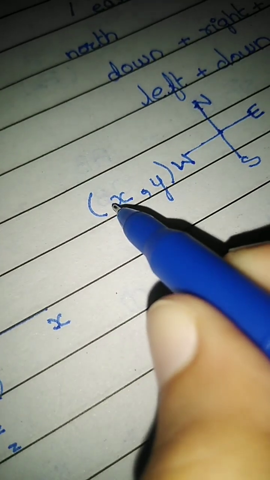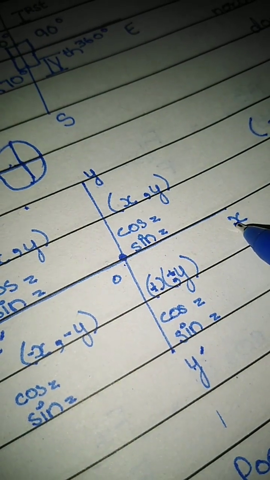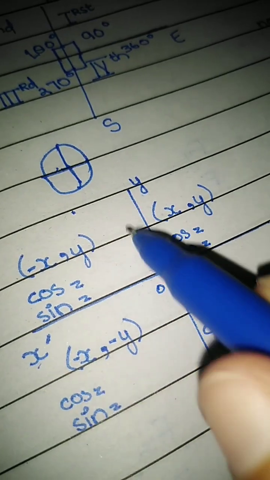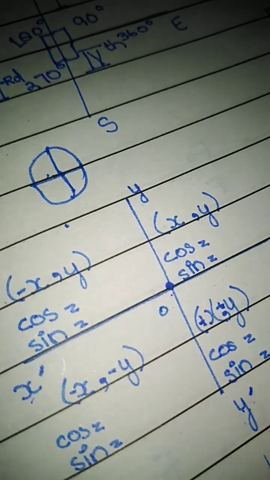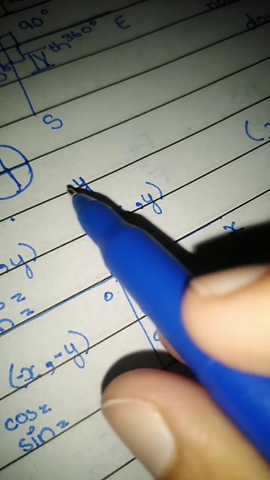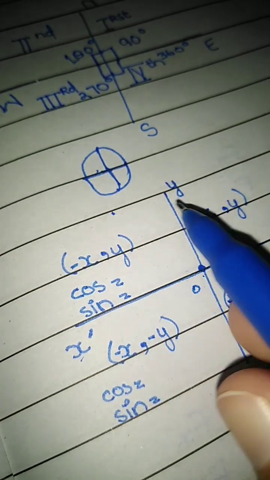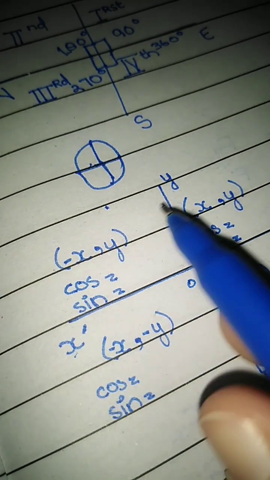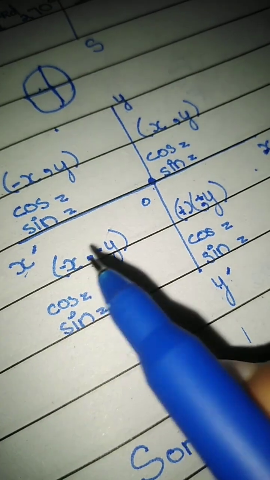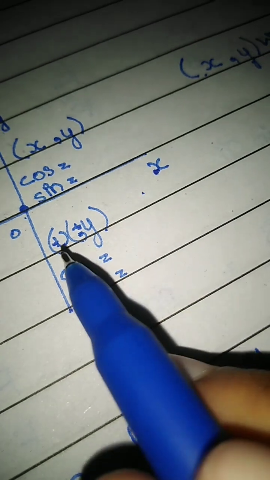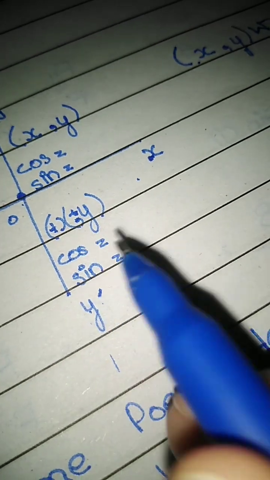The standard form is X, Y, so we write X first and then Y. In the first quadrant X is positive and Y is positive. Then X is negative and Y is positive. Then X and Y are both negative. Then X is positive and Y is negative.